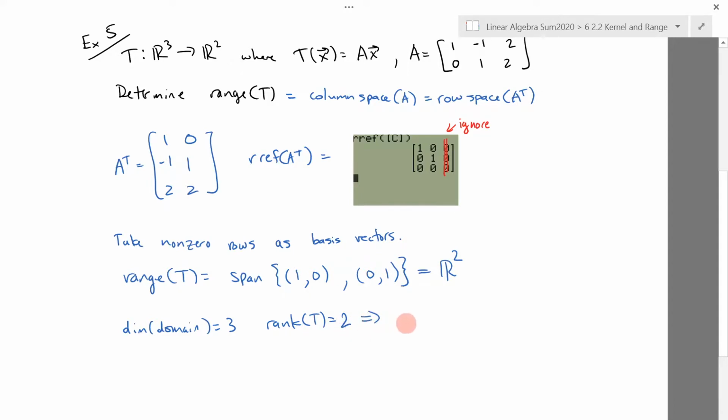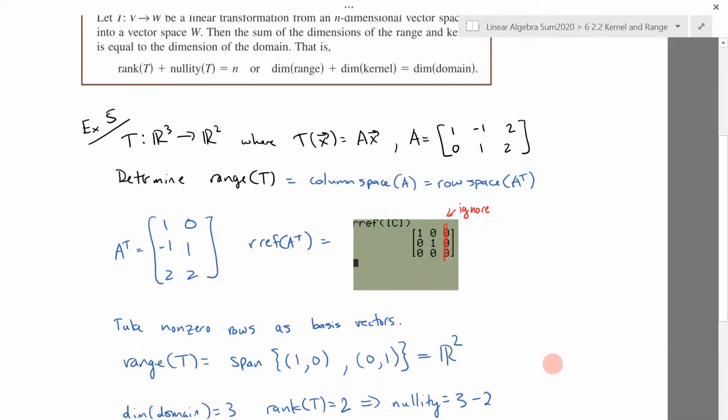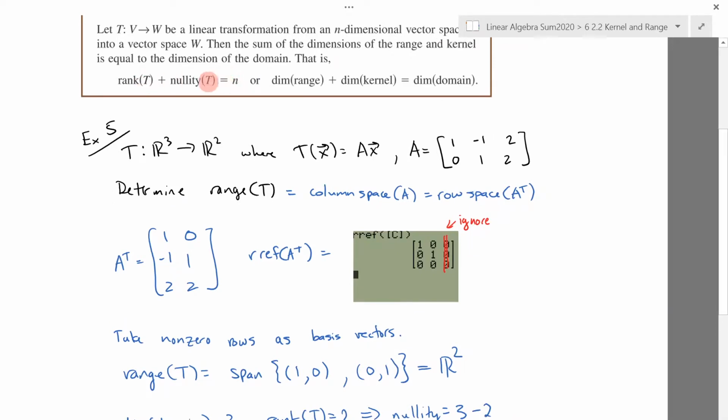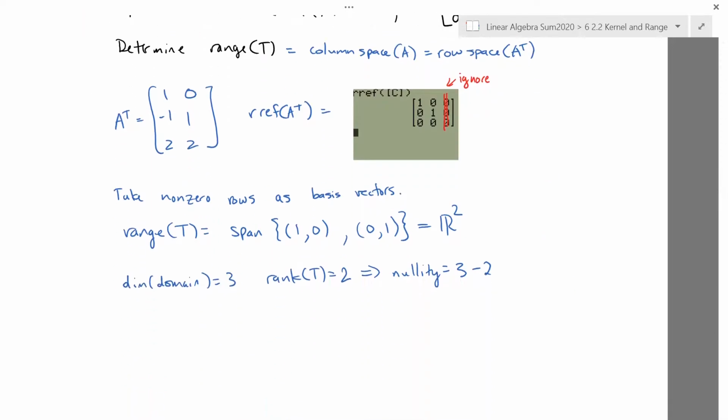So this means that the dimension of the kernel, the nullity, has to be 3 minus 2, because n minus the rank is equal to the nullity. So 3 minus 2 is equal to 1. So the dimension of the kernel is equal to 1.